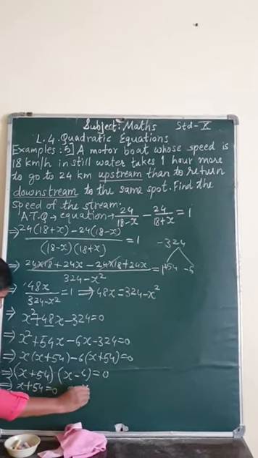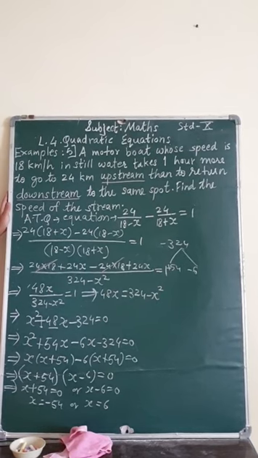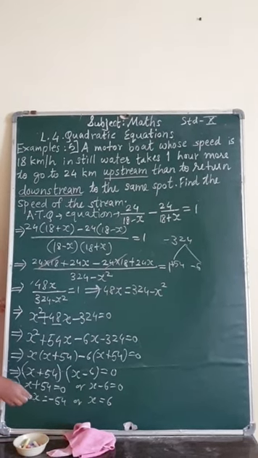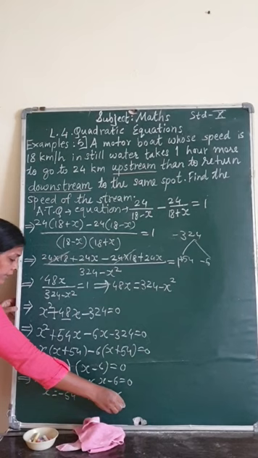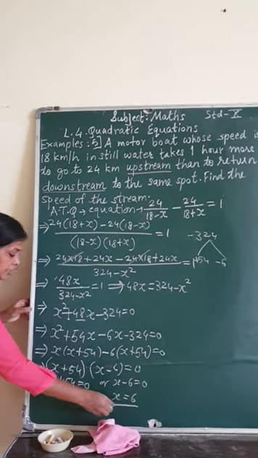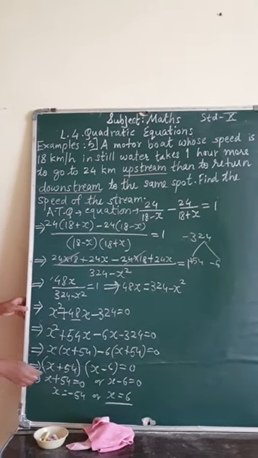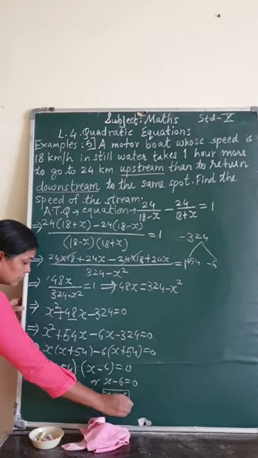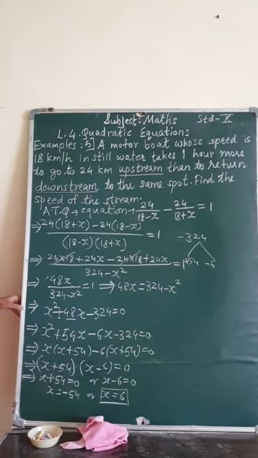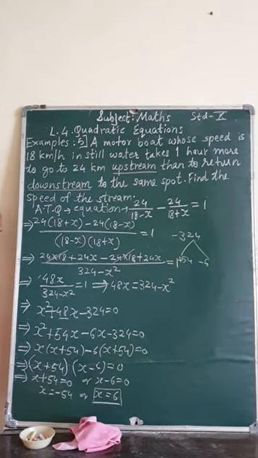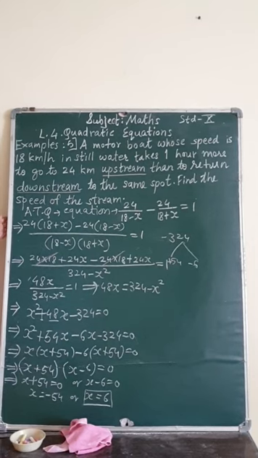So x will be minus 54 or x will be 6. Now we can say speed is positive, so our required answer is 6. So we can say the speed of stream will be 6 km per hour.